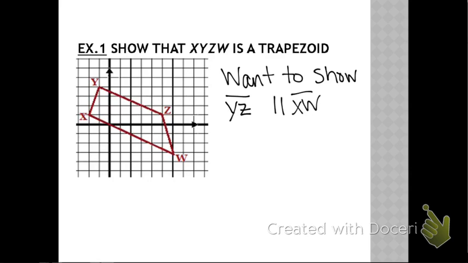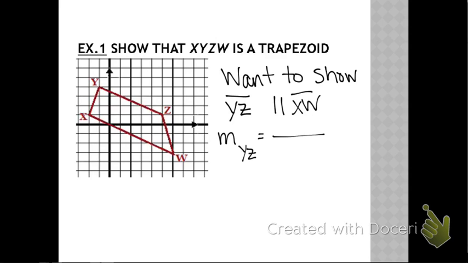That's what we want. In order to show that, what do you think we need to use? If you were saying or thinking slope, you would be correct. We need to know that the slopes of those lines are the same in order to know that they are parallel. So let's first start with our slope of YZ.